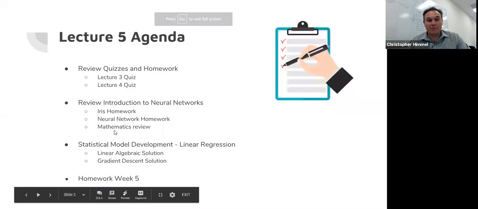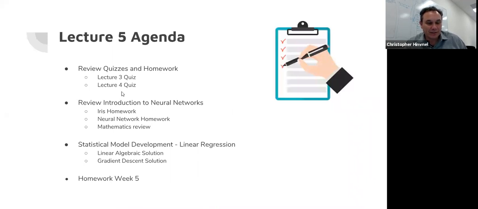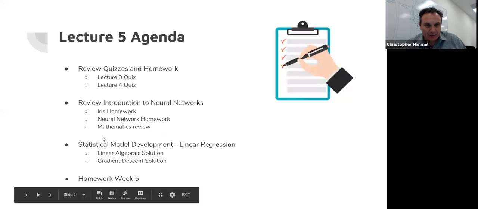So what we're going to do tonight, we're not going to go over quizzes. Sorry, forgot to take this out. We did this. We went over the IRIS homework. Actually, okay, this is also from last time. Okay. So yeah, we reviewed some of the neural networks.